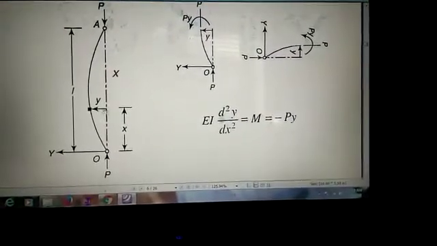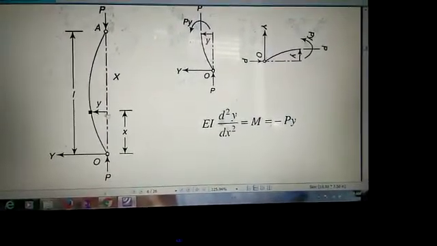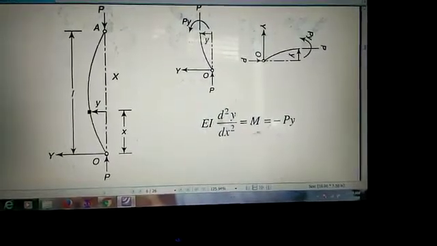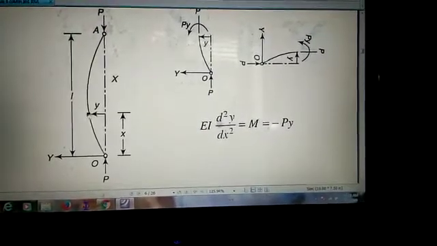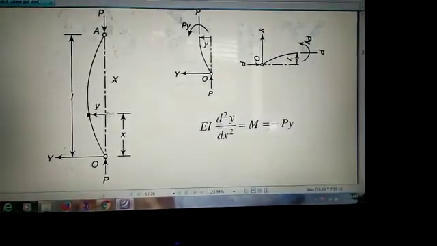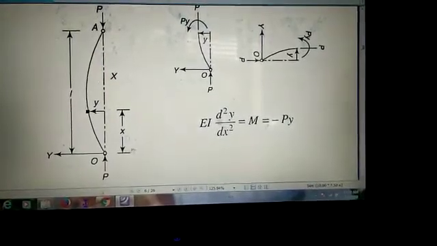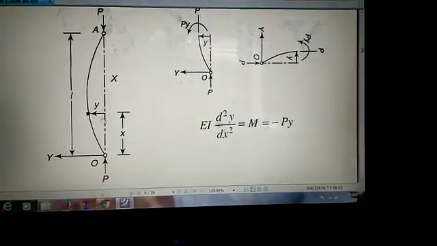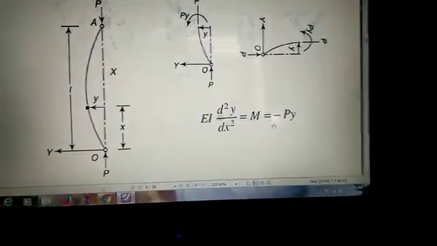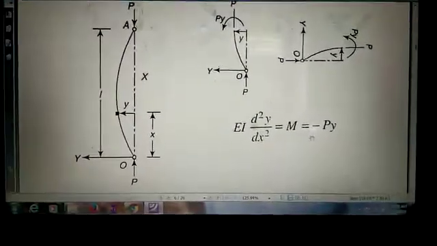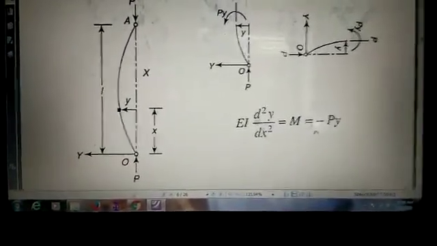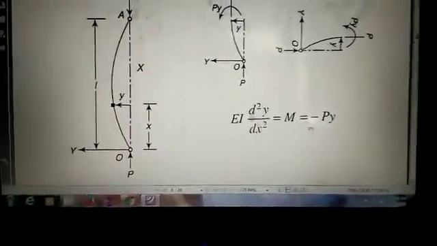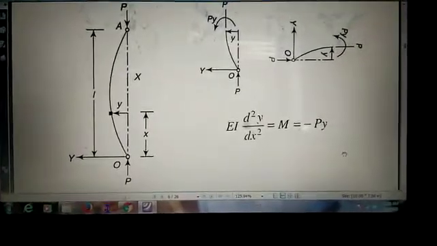Here at a distance of small x, the YY section moment will be the load P multiplied by the distance. This distance is Y. As we know that the moment is load multiplied by the perpendicular distance, so minus P is the load and Y is the perpendicular distance. So minus P into Y will be the bending moment.